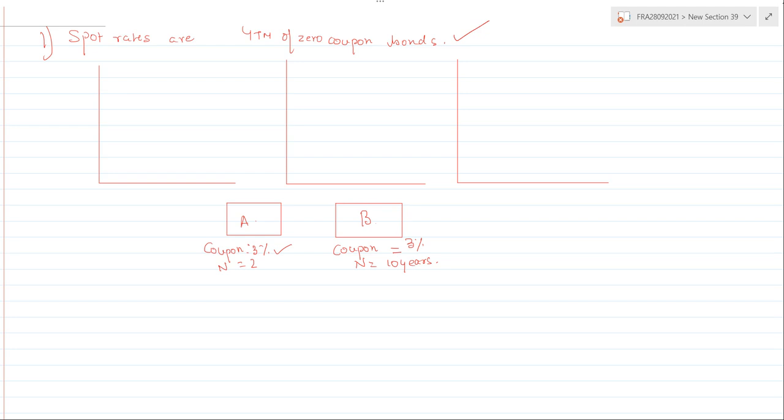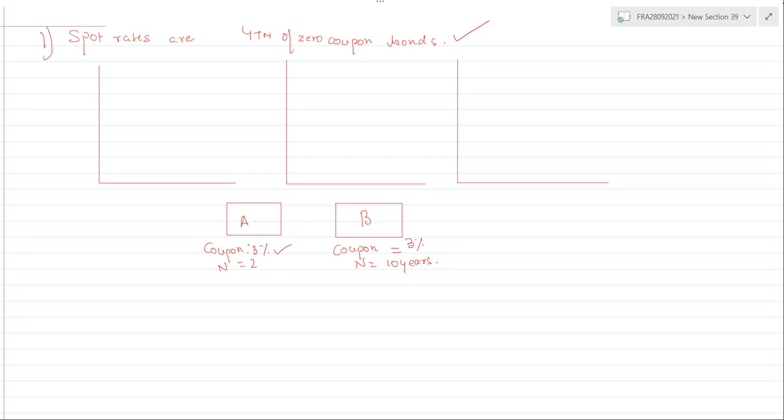Now the prices of these longer term bonds would go down, right? Why? Because now these bonds have become unattractive, right? So investor B who invests in this long-term bond would have to sell this bond at a discounted price because now this bond has become unattractive, right?